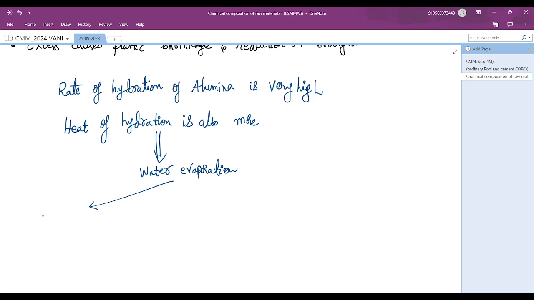Therefore, technically it is called plastic shrinkage. Why is it called plastic shrinkage? Because the reduction in volume is occurring due to the evaporation of the water when cement is in plastic state. Hence it is called plastic shrinkage. Clear? So this will lead to the plastic shrinkage as well as incomplete hydration.